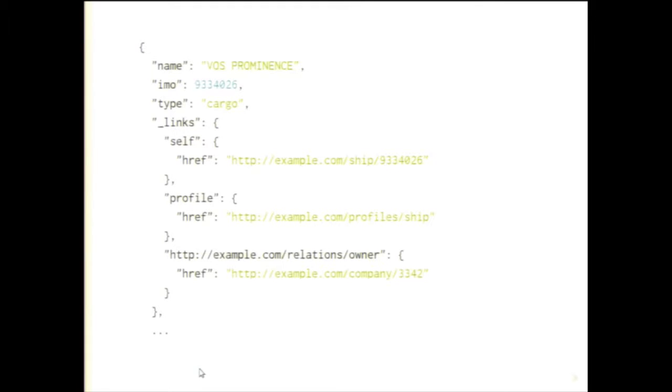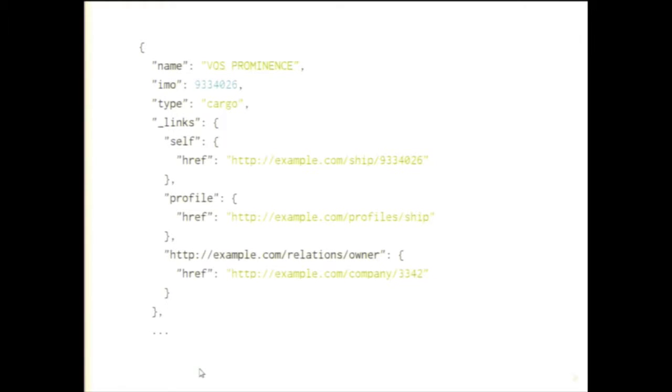And now a client who understands Hypermedia, understands the profile, and understands these links can already determine a great deal about the ship. But now, if we look at the ship and the server thinks, okay, well, when a client shows a ship, they almost always show the owner.